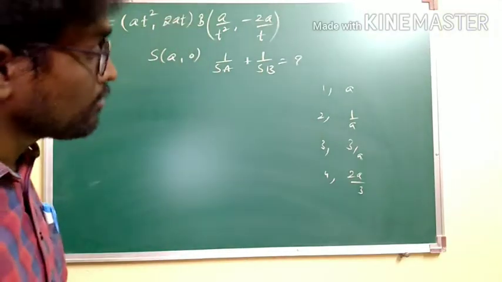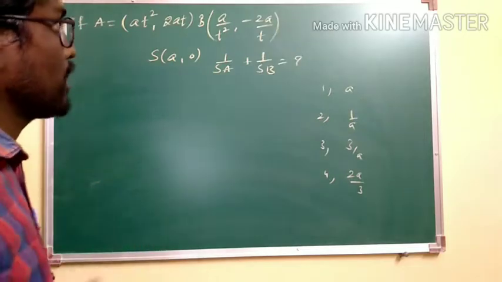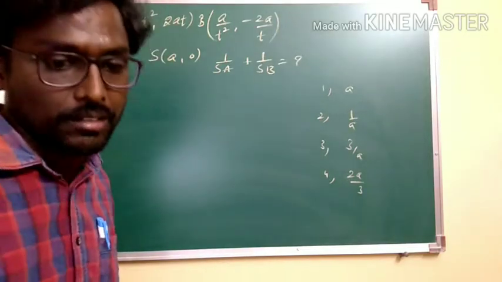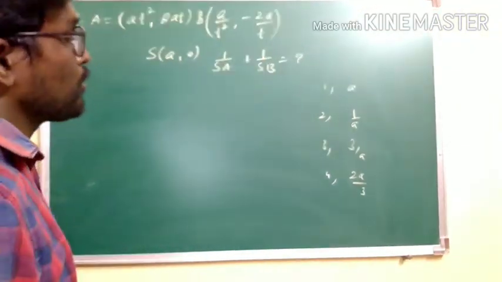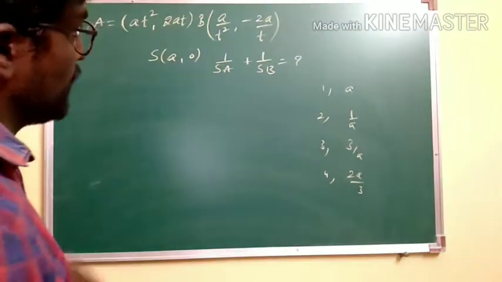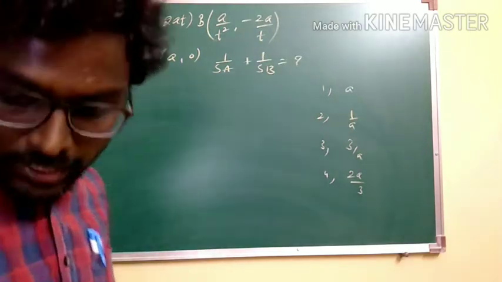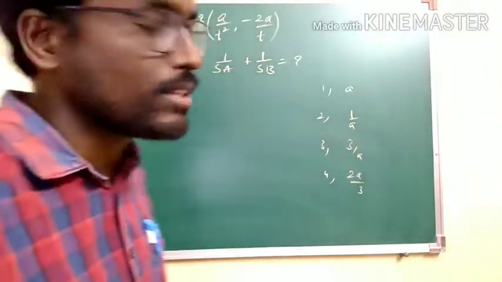Let's see how to deal with this application, because here we are involved with the coordinates of t. So what coordinates do we have? (at², 2at) and (a/t², -2a/t). We have discussed such applications earlier.